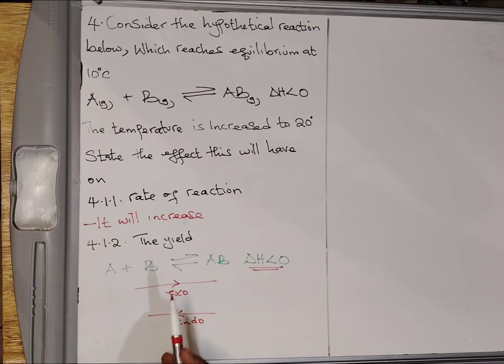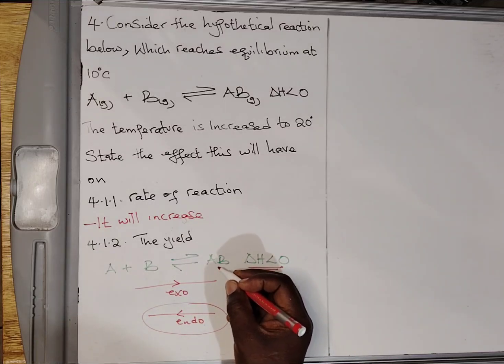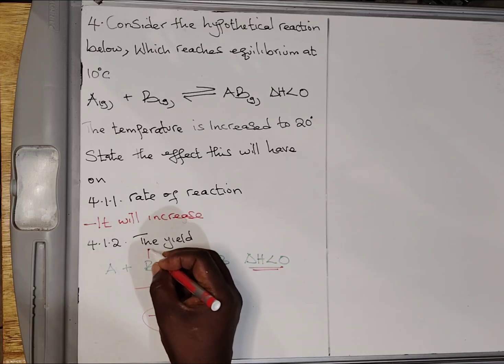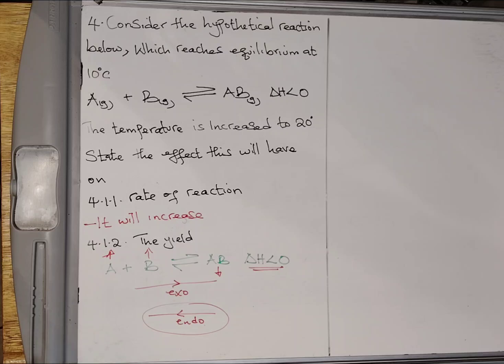In this case, temperature is increased and it favors what? Endo. Endo is the reverse. What does reverse mean? That the products are going to decrease and the reactants are going to increase. Yield means product. So what happens to the product? The answer is it decreases.